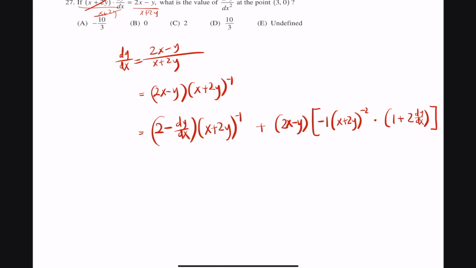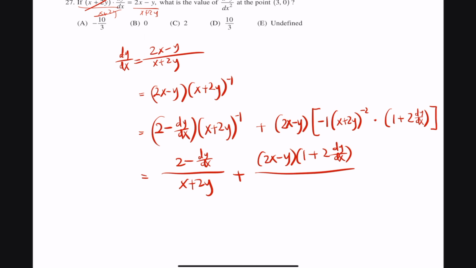Let me rewrite that into something that looks better: (2 - dy/dx) all over (x + 2y), minus (2x - y) times (1 + 2 dy/dx) all over (x + 2y) squared. It should be minus because of the negative.